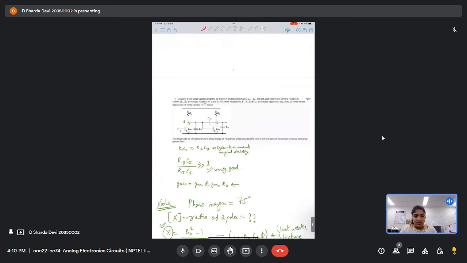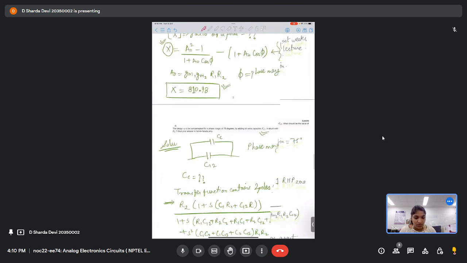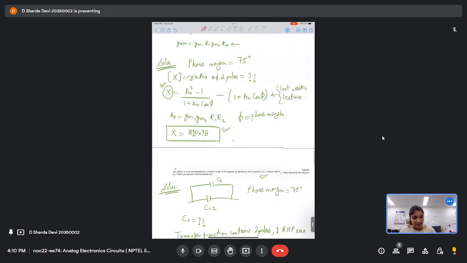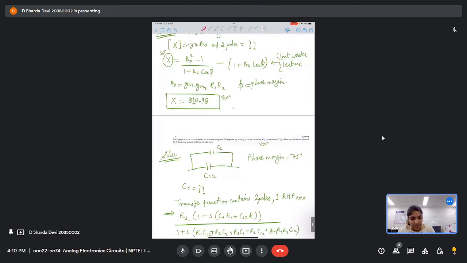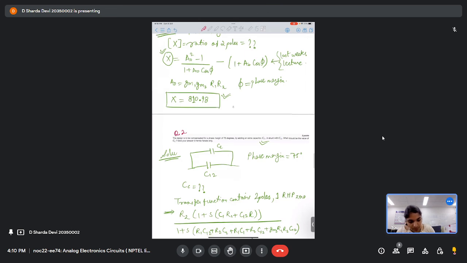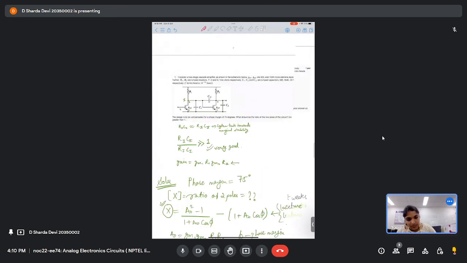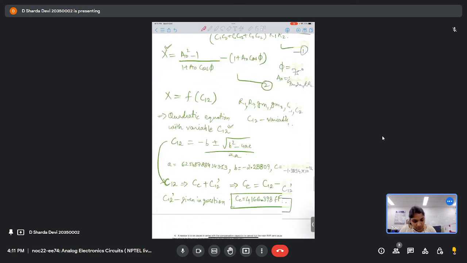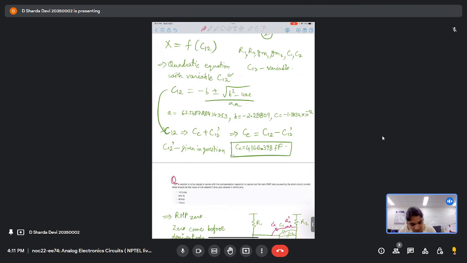So this was the circuit which has been used throughout. So in first question it was the simple circuit, and the next question what we did, this is question number 2. This is question number 1. And this is question number 3.